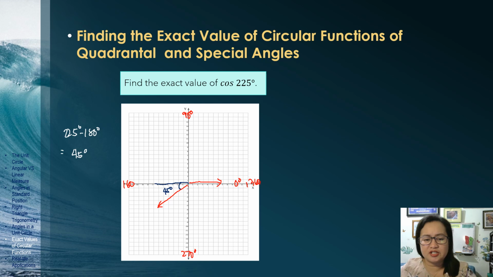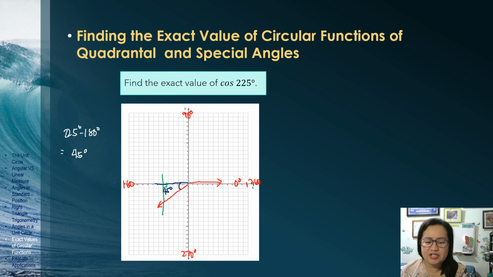You were asked to get cosine 225. So if you have a 45 degree angle here, then let's have a line that is perpendicular to the x-axis. Then we can construct here an isosceles right triangle. That means that the legs are equal.